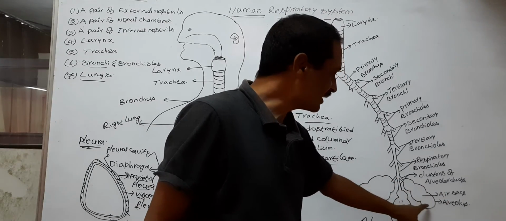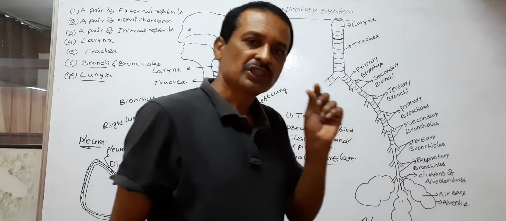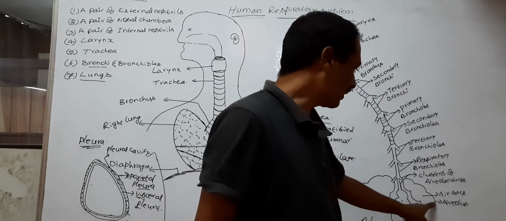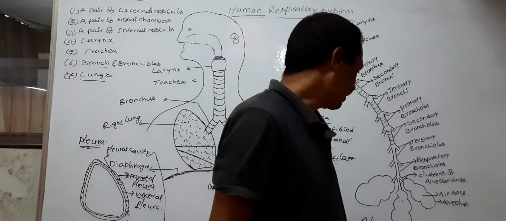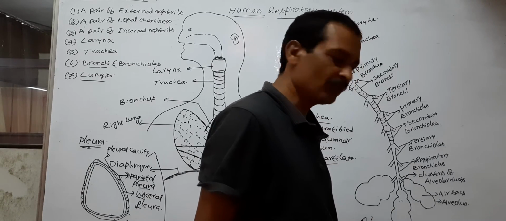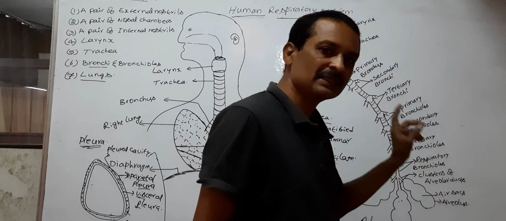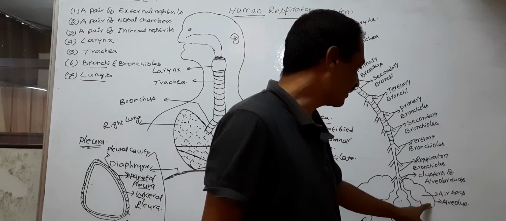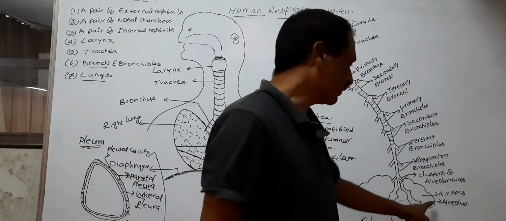Each air sac is made by small round-shaped chambers called alveoli. Alveoli is the plural word, alveolus is the singular word. So each air sac is made by alveoli.